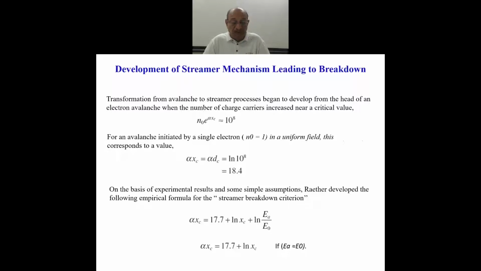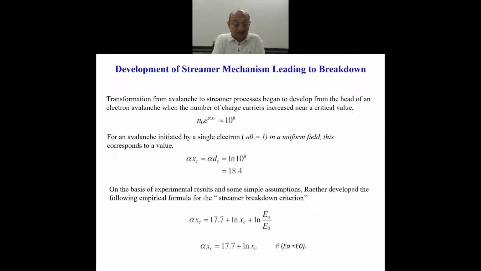If you put the value of n naught equal to 1 in a uniform field, this corresponds to the value alpha xc is equal to alpha dc. The c suffix is given for the critical length of the avalanche.